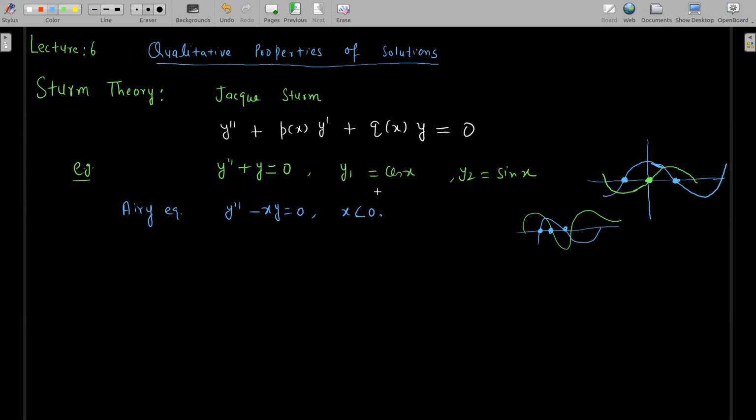In this Sturm theory, we talk about the behavior of solutions of variable coefficient equations, and we will develop a theory which says that if you have a simple equation, can you make some prediction about the variable coefficient equation. This theory is known as Sturm theory.